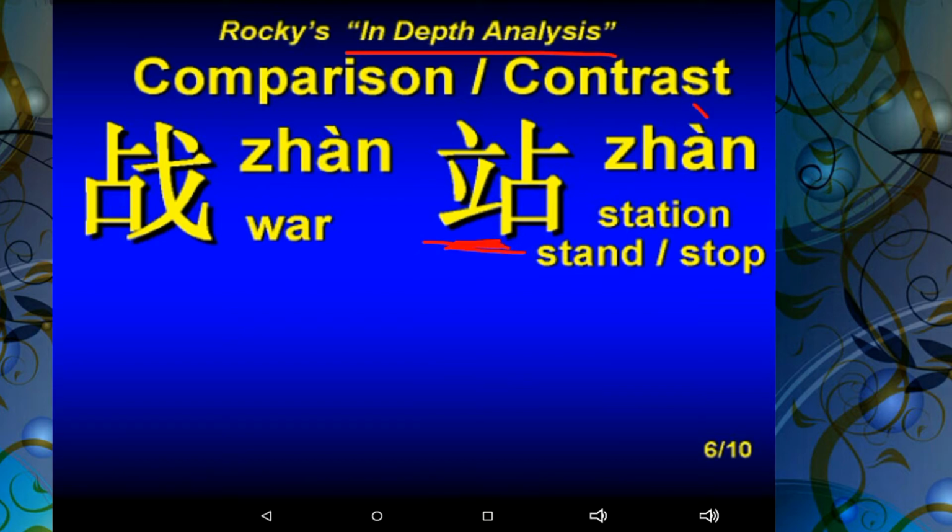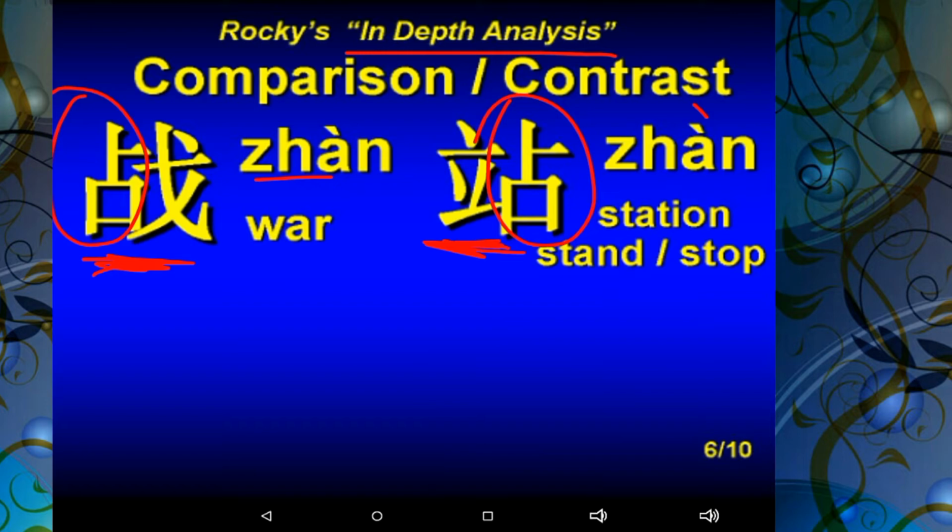Okay, so we're going to do some comparison and contrast between the character Zhan and the character Zhan. The 2nd character, Zhan, has this radical, and our 3rd character has this particular radical too. So let's take a look at this particular radical.